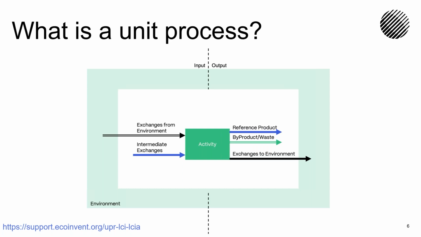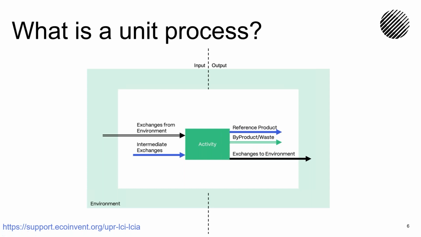An activity is also made with exchanges from and to the technosphere. These are called intermediate exchanges. So when an activity uses a transformation coming from the technosphere, this is also called an intermediate exchange. And the outputs can be classified between reference product and byproduct waste.